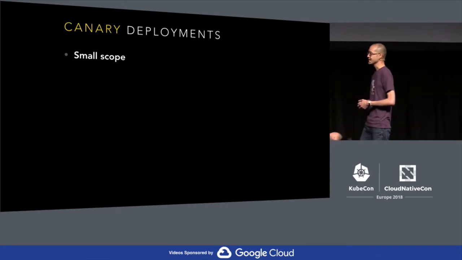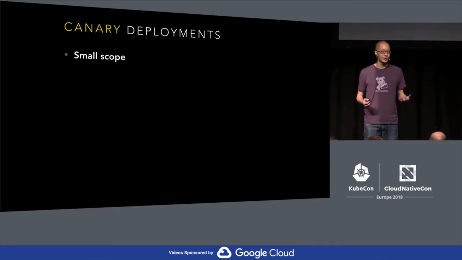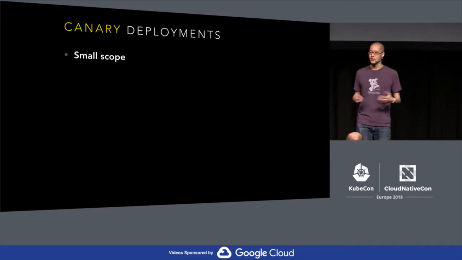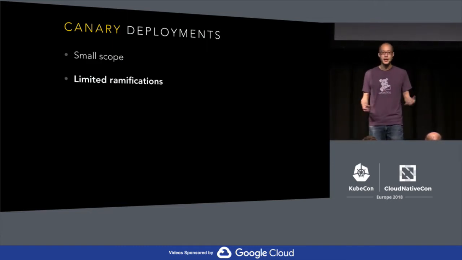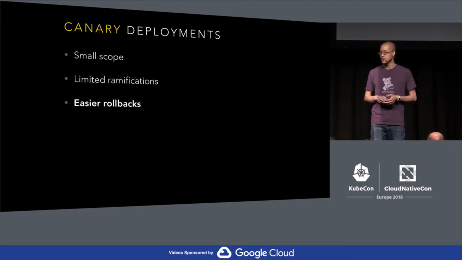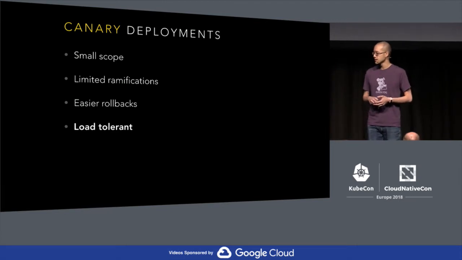So Canary deploys, again, the benefits are, you get a lot of the similar benefits of rolling deploys, but really, the bigger benefits that you have now are you have a small scope, right? You're only deploying to limited people, and that means your ramifications are much more constrained. Easier rollbacks, again, this also happens with rolling deploys.